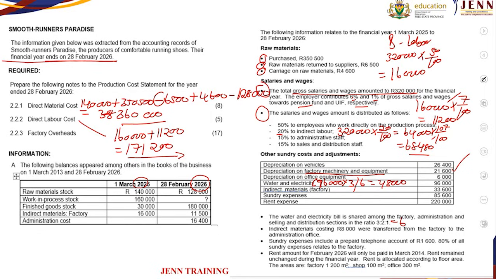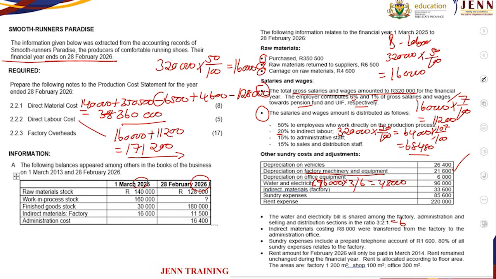Remember, I said, firstly, the total amount is 320,000 multiplied by 50 over 100. So when you divide 320,000 by 2, it will definitely give you 160,000. I believe on that one we agree.